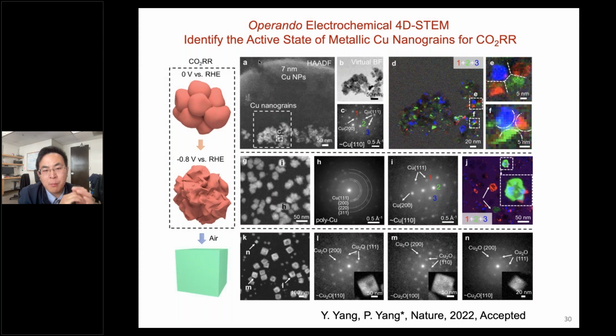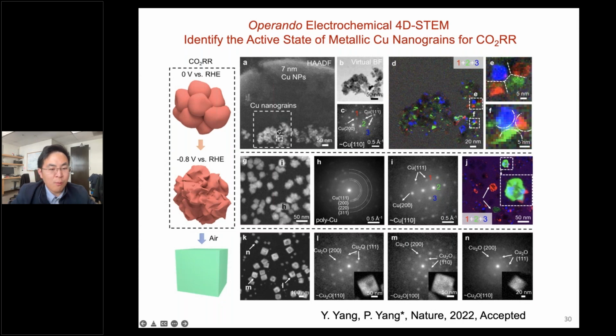We are using this operando electrochemical 4D STEM to identify the active state of metallic copper nanograin structure. We see the evolution from the starting point of 0 volt to minus 0.8 volt. We are seeing the formation of this nanograin, which could be serving as the active sites.